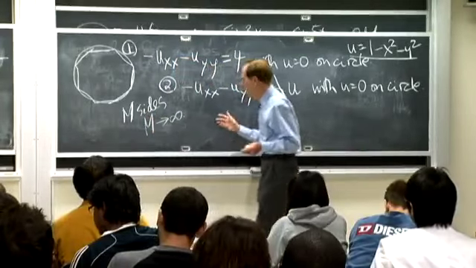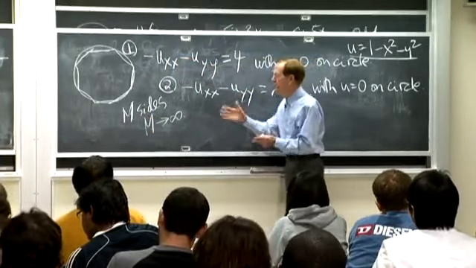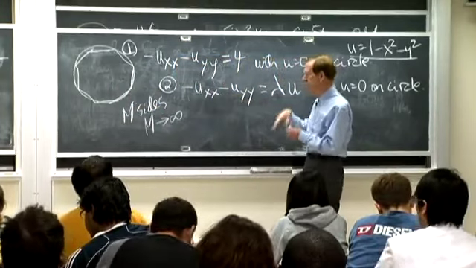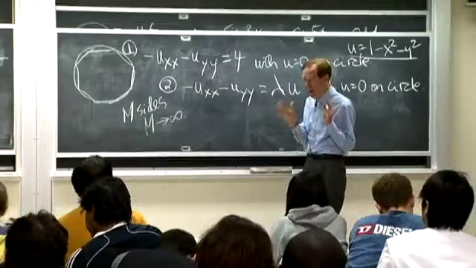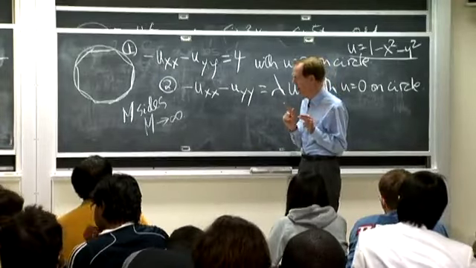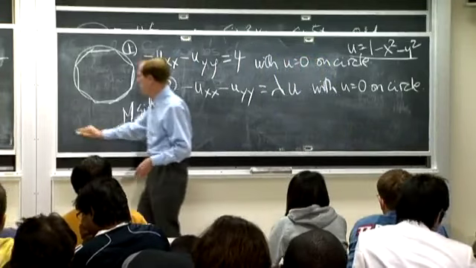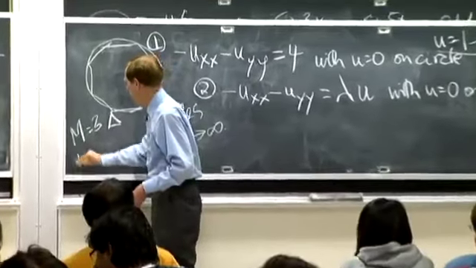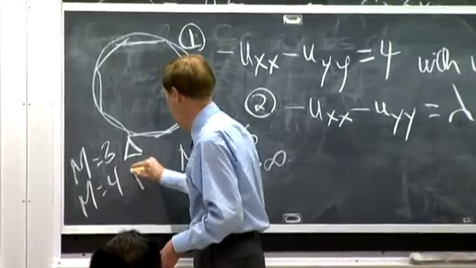And I hope that the eigenvalues of the polygon, which are not known, by the way. To the best of my knowledge, we know them only for m equals 3, an equilateral triangle, and m equals 4, a square.